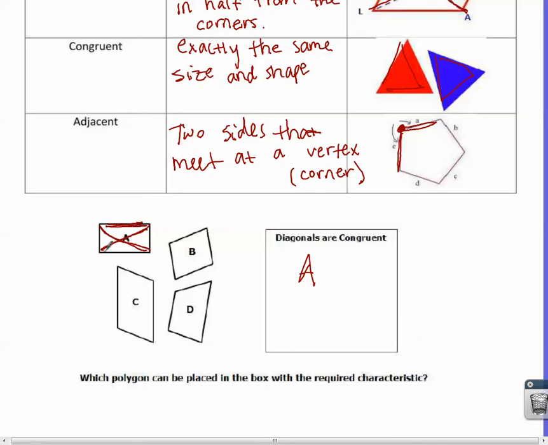So for example, the top and the bottom here are the same length. In example D, you notice how the base of this shape is shorter than the top of the shape. So when you go to draw this diagonal, this one is going to be longer than this one, making it not congruent.